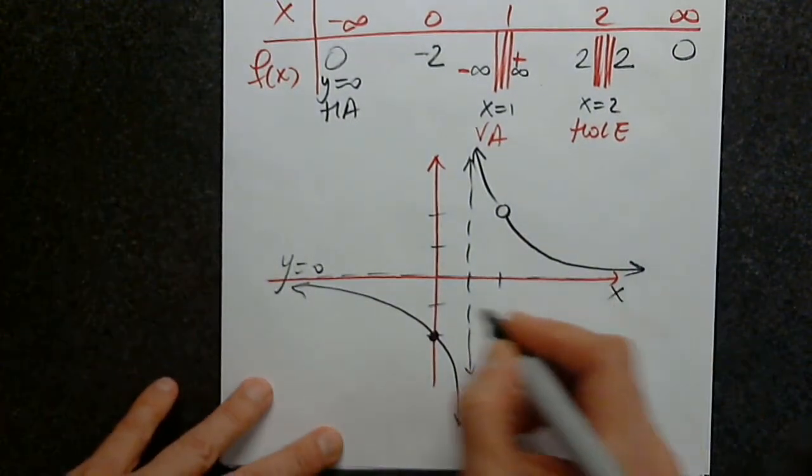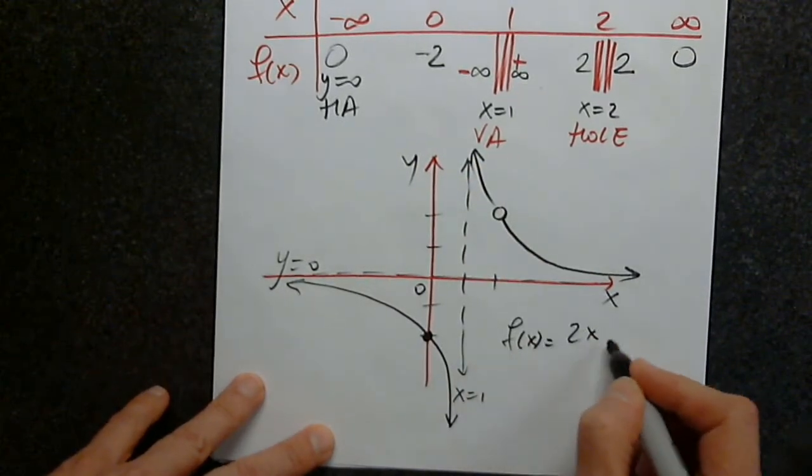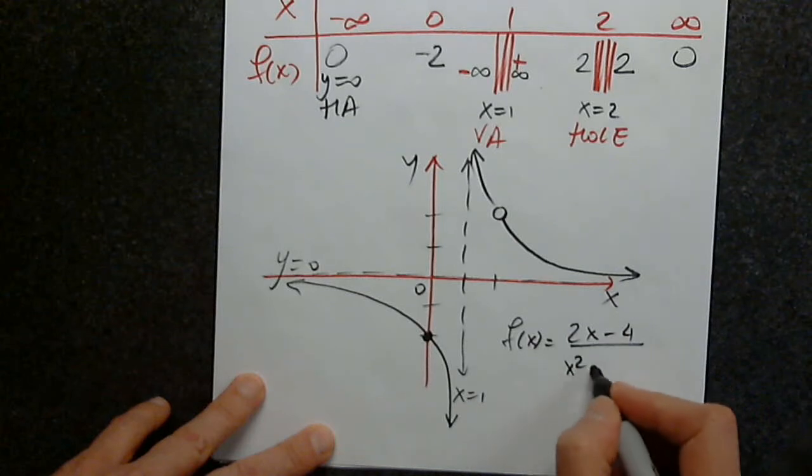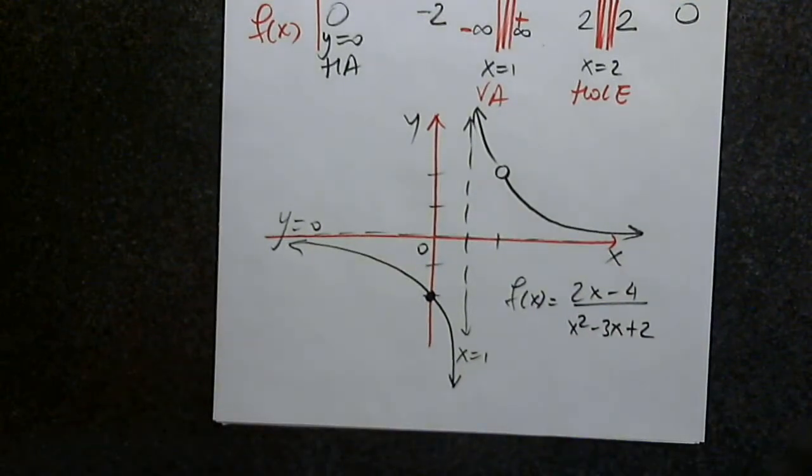So this is the graph of f of x equals (2x minus 4) divided by (x squared minus 3x plus 2). Only now you can go to the graphing calculator and check and make sure that everything is okay. However, the graphing calculator will not show you that point.